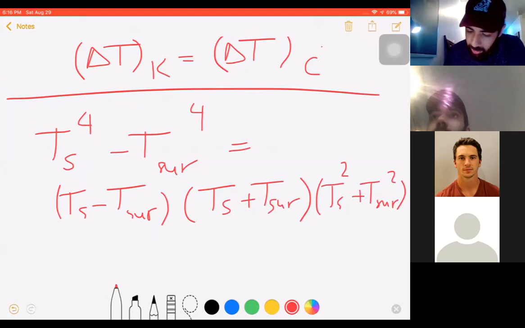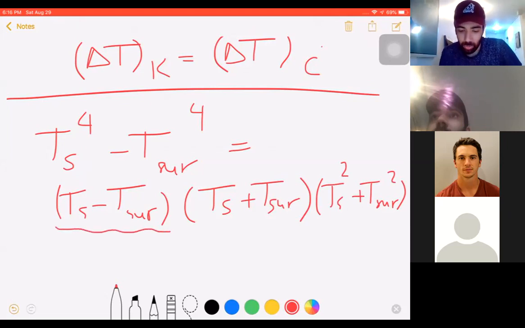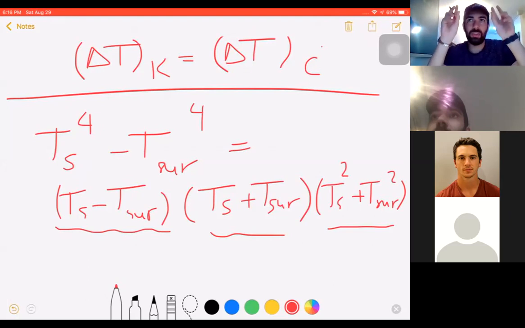That is coming from equations you know from mathematics. Except for the first term, the 273 values will not remove each other in those other two terms. So that is why we have to convert degrees Celsius to Kelvin.